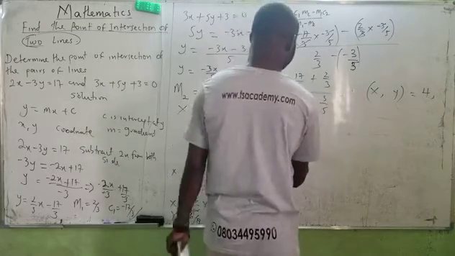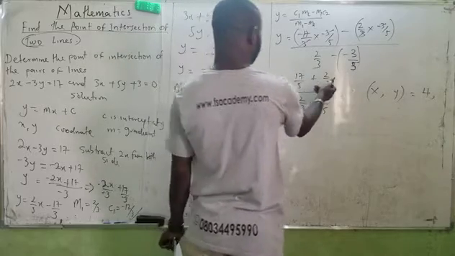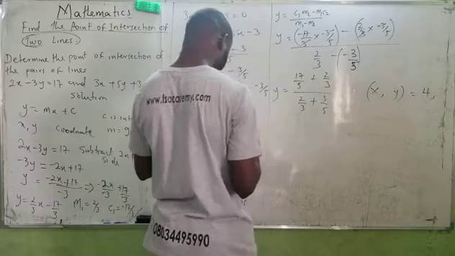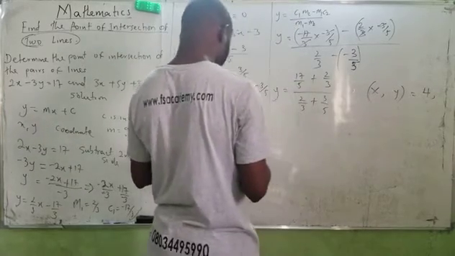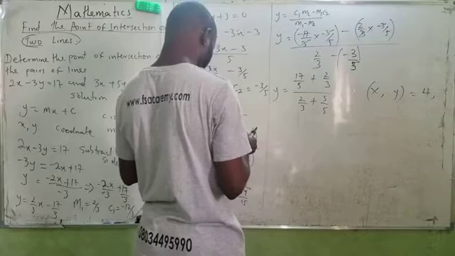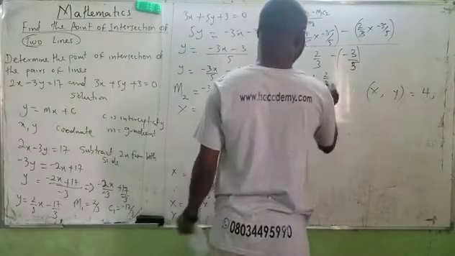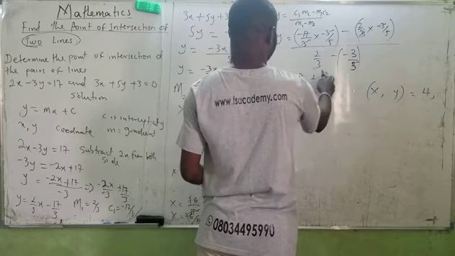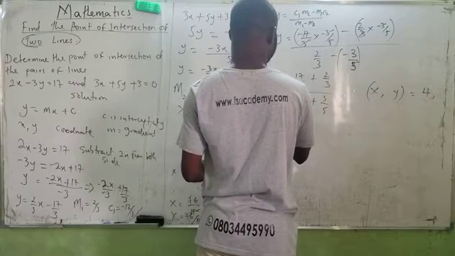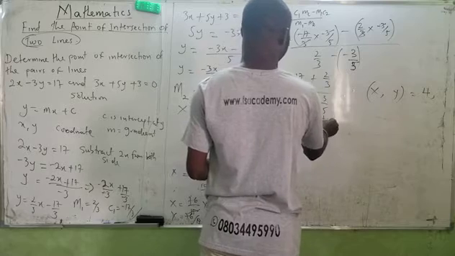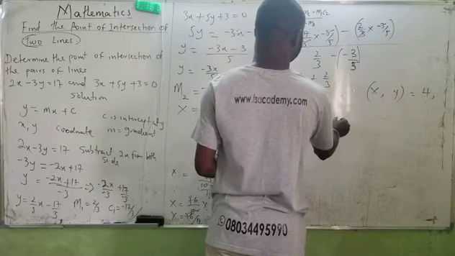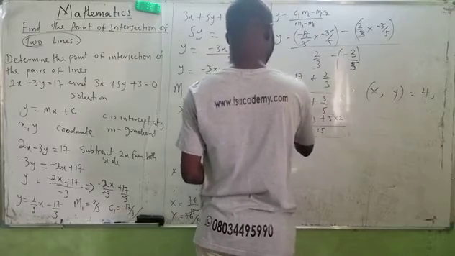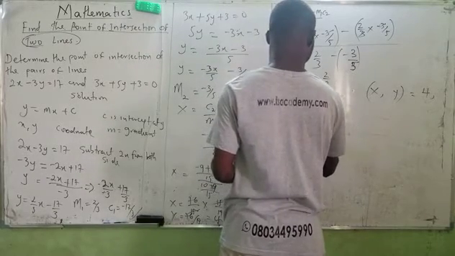Now, 15 will be the LCM, so 17 times 3 plus 5 times 2, all divided by 15, and also 10 plus 9.